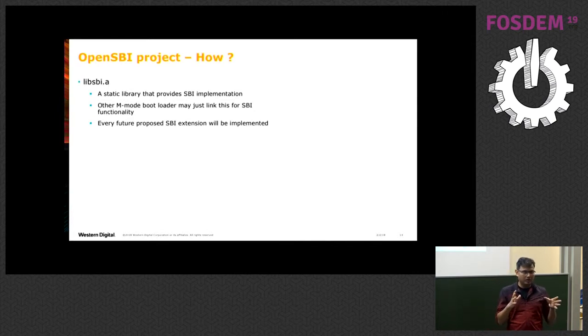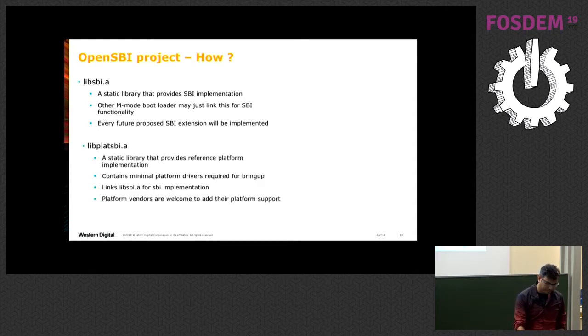So any mode bootloader can link this SBI implementation for their SBI feature. This prevents forking of the SBI implementation and everybody coming up with their own. And as I said, we'll make sure that every future proposed SBI specification or extension will be implemented in libsbi.a.